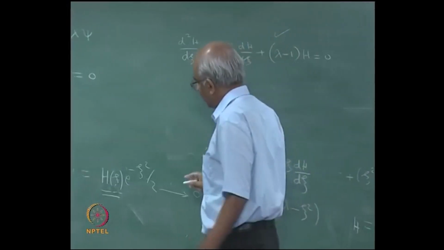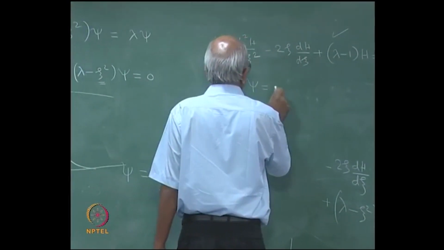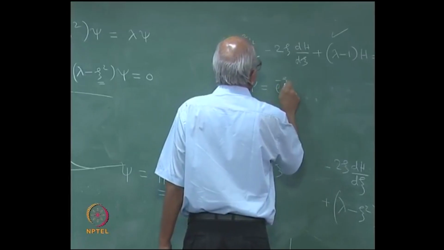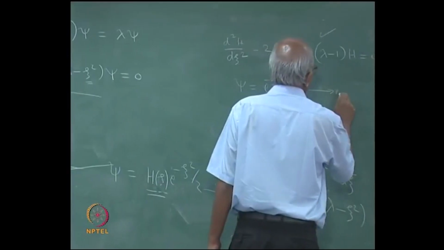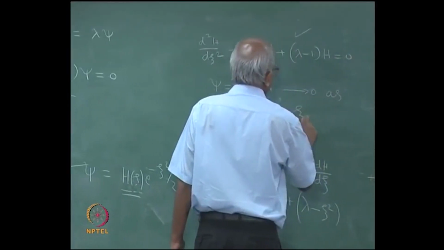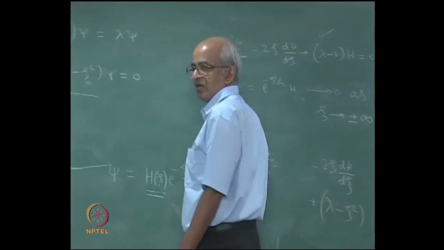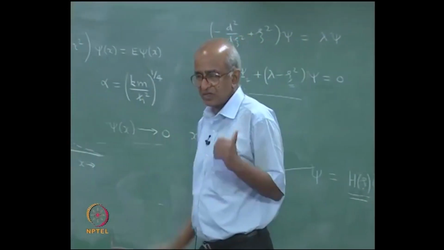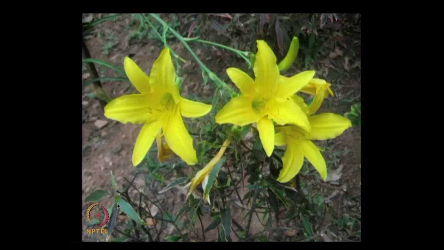We will discuss that in the next lecture, but it has to be solved subject to the condition that psi equal to e to the power of minus c square by 2 into h should approach 0 as c approaches either plus infinity or minus infinity. It has to be solved subject to that condition, and that is what we will do in the next lecture. Thank you for listening.